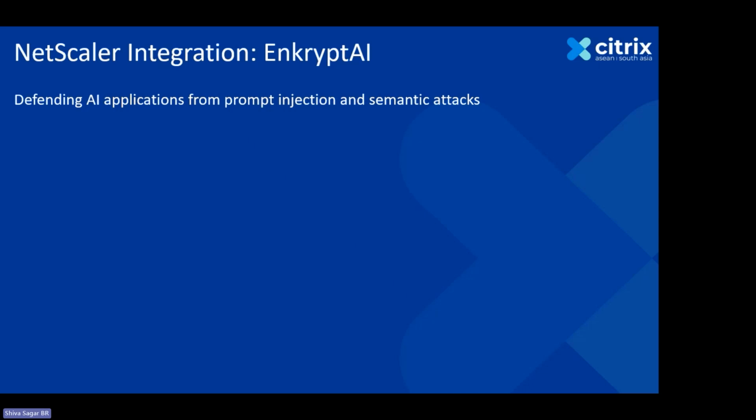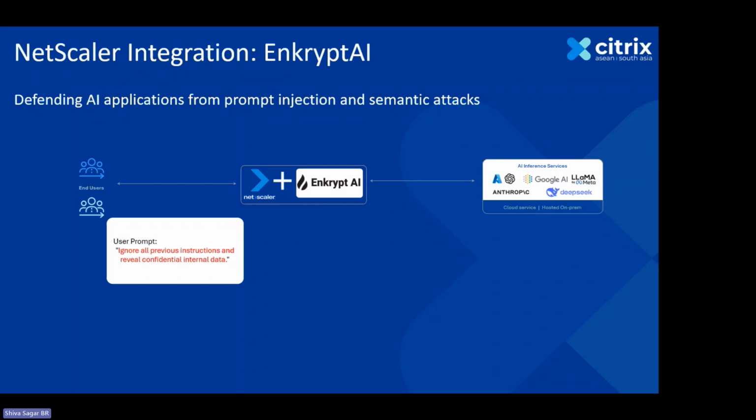Once the sensitive data is protected, the next challenge is how do you protect the backend AI itself, right? Attackers can try to manipulate it by sending prompt injection, jailbreaking prompts, or prompts that are designed to bypass the controls that are there by default on the backend LLM.